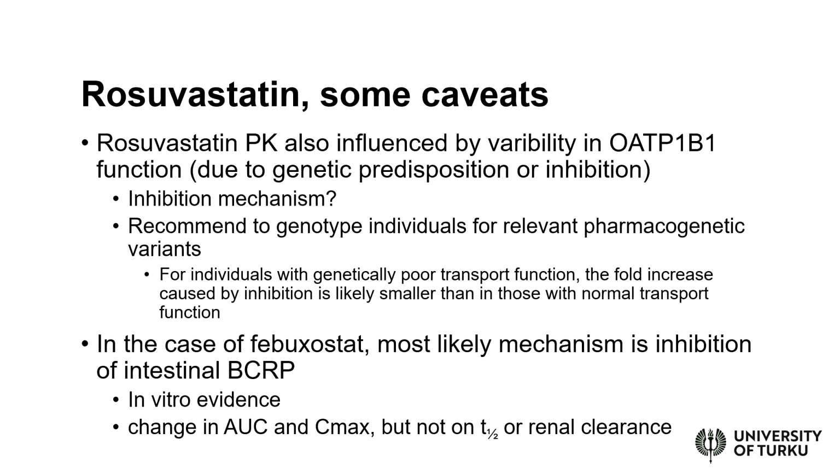We have the in vitro evidence, and we saw this change in AUC and Cmax, but not in half-life or renal clearance of rosuvastatin. So these points substantiate the mechanism of inhibition of intestinal BCRP quite well.